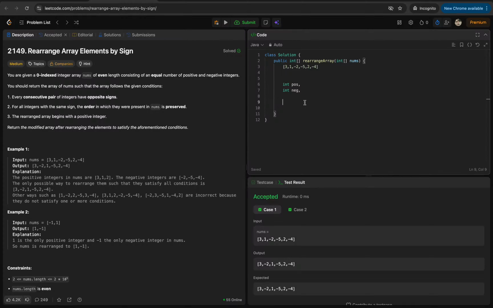So let's say we'll start iterating over the array with i equals 0, i less than n, i plus plus, and we will check if positive is even, no, not like this, let me think more.